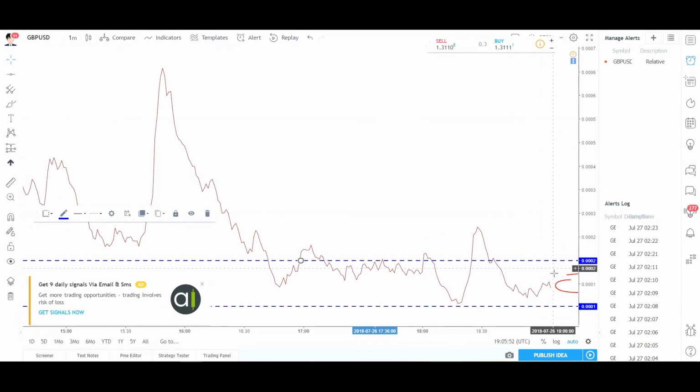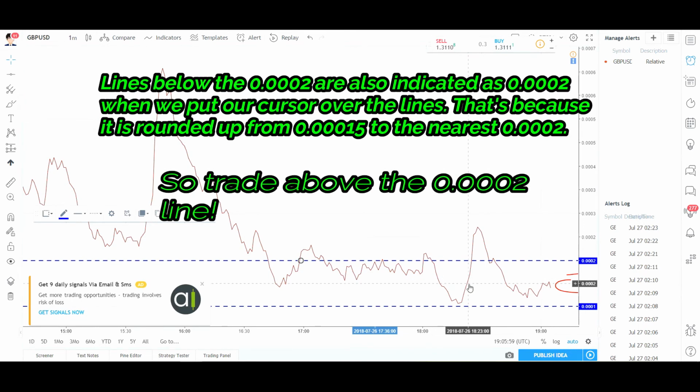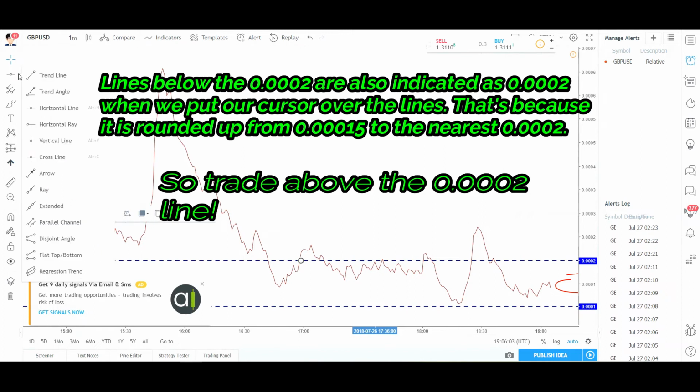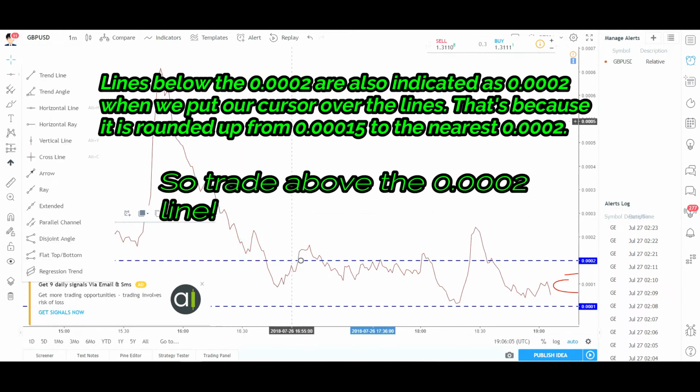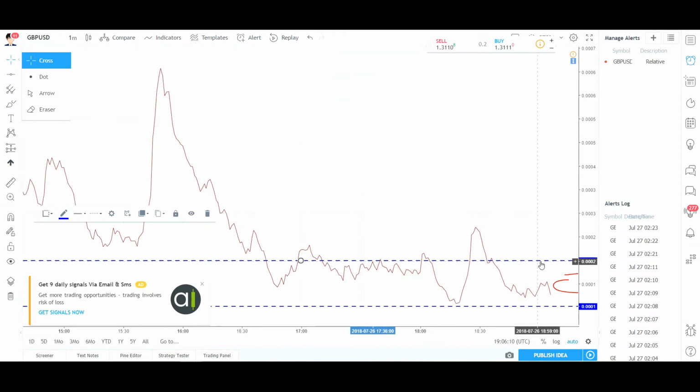The first half of 0.002, the areas that are hugging the 0.001 line, do stop trading at that point in time. So you can start trading when it is above this 0.002 line.